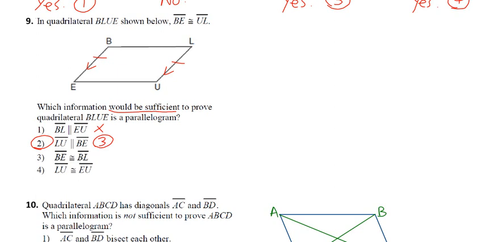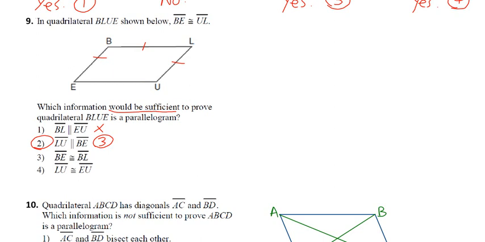So that's our answer. And if you look at the other ones, those would not be sufficient. For example, BE congruent to BL. If we don't have this and we have only what's given originally, and then BE congruent to BL, that is what we would have with number 3, and that is not enough to say that this is a parallelogram.